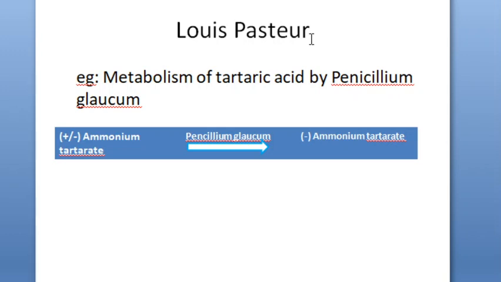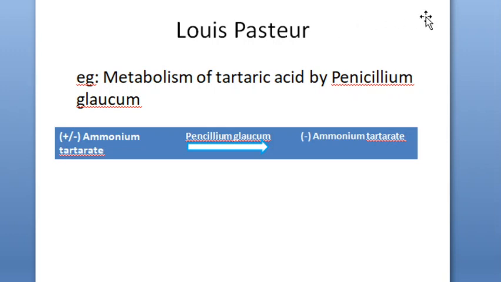So this was the serendipity of Louis Pasteur in the 1830s or 1835, that he was working with some kind of microorganism or microbes, wherein accidentally tartaric acid in the form of salt, that is ammonium tartrate, plus and minus isomers were in the same container.